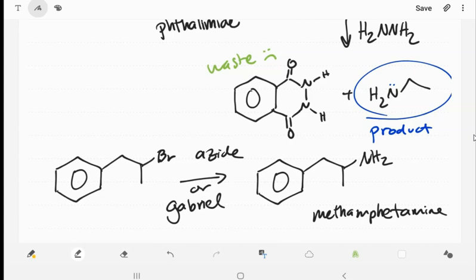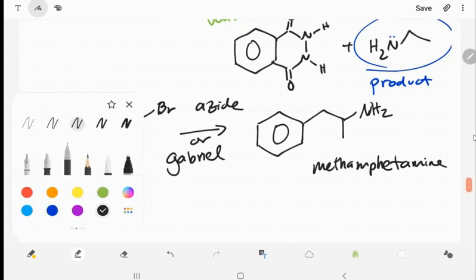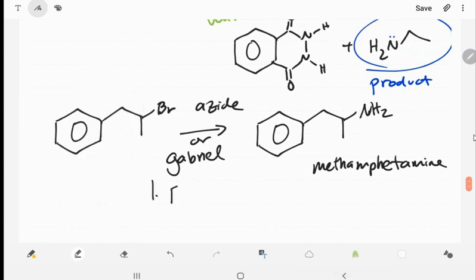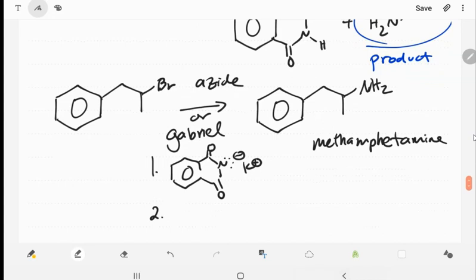Use it in your drug synthesis. Go crazy with it. So you can take your potassium phthalimide and use your Gabriel. So Gabriel would be step 1. Step 2 is the hydrazine.